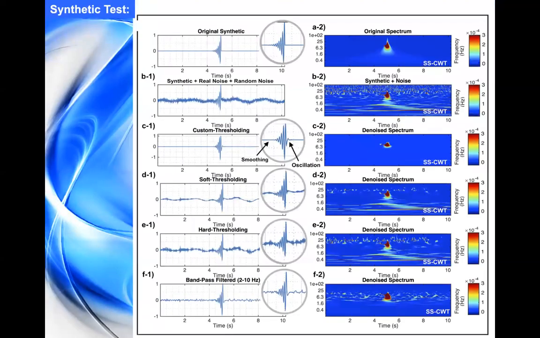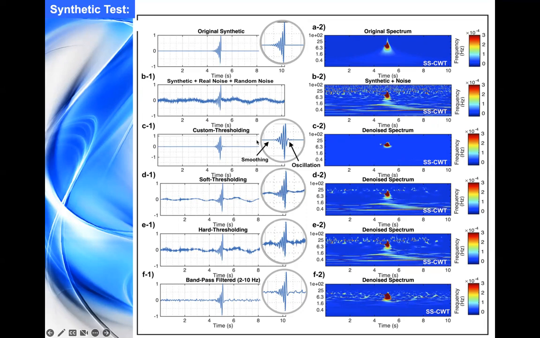So we applied this proposed method to a simple pulse shape signal to check its potential effects on polarity, time shift, and smoothing of the very small emergent arrivals. The first row is the synthetic signal, and the second one presents its noisy version contaminated by some real seismic noise and some random noise.